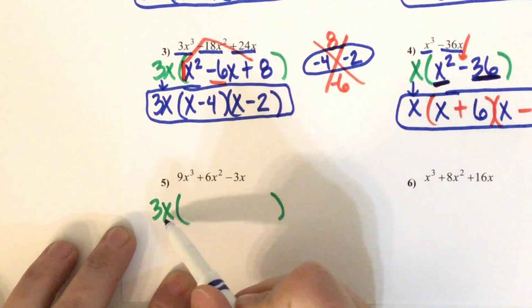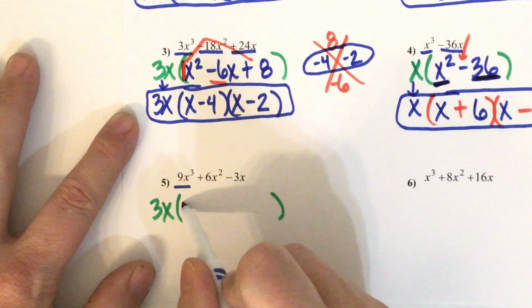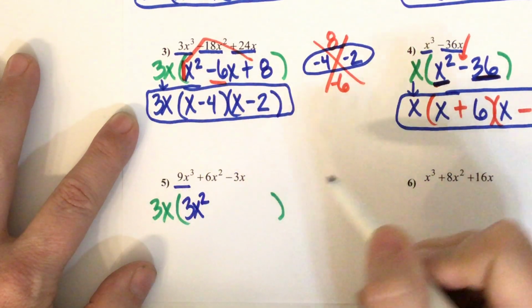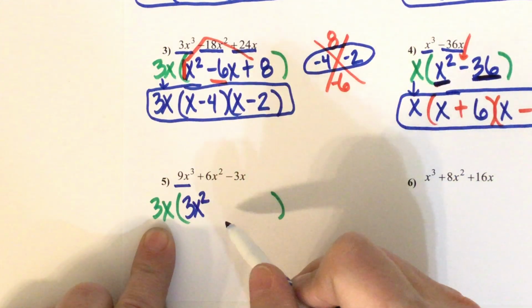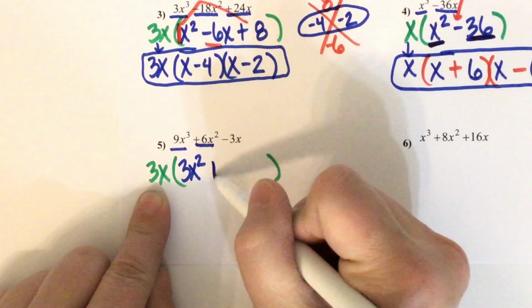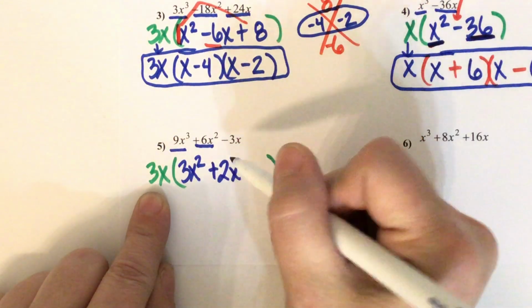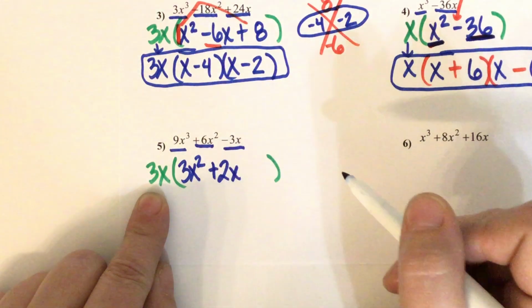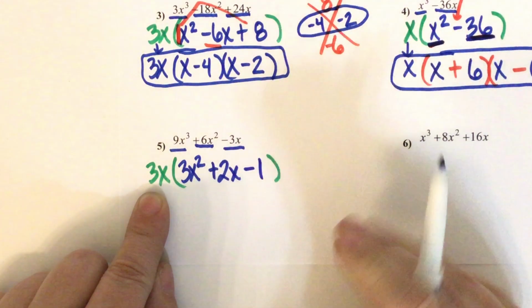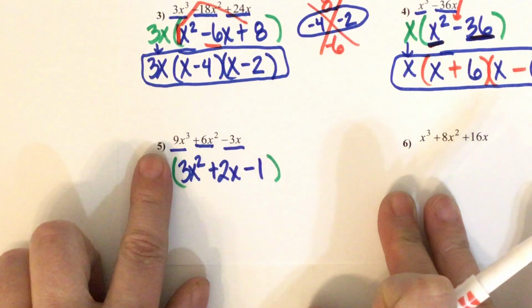So 3x times what makes 9x cubed? 3x squared. 3x times what makes 6x squared? 2x. And 3x times what makes negative 3x? A negative 1.